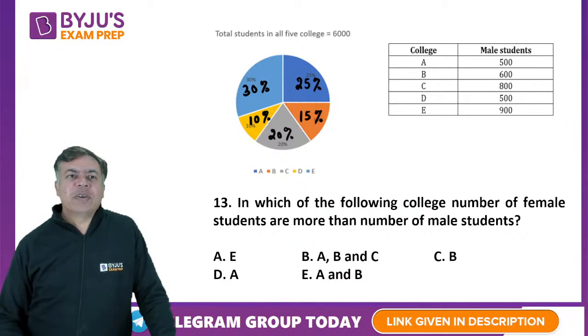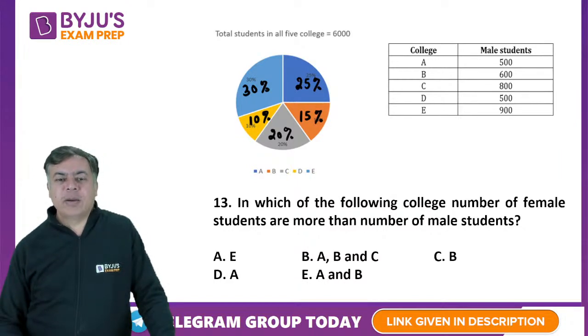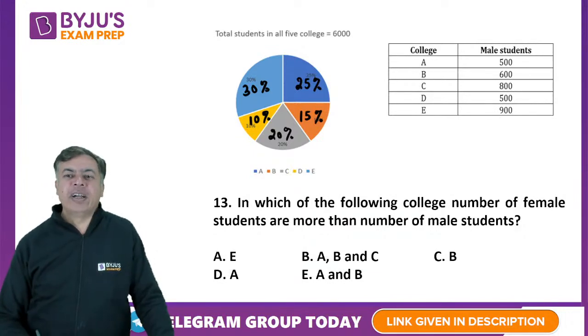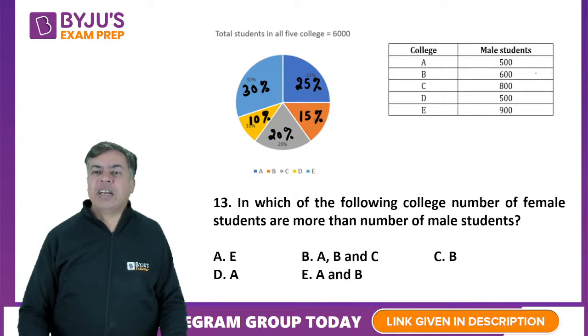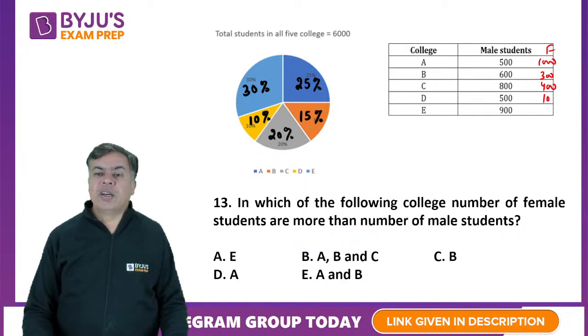Yes, Jagtap Abhishek, it was correct. In which of the following colleges is the number of female students more than the number of male students? We have already written all the values. Females were 1000, 300, 400, 100, and 900.